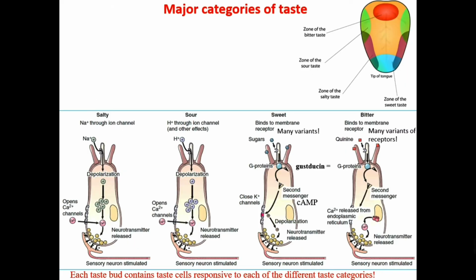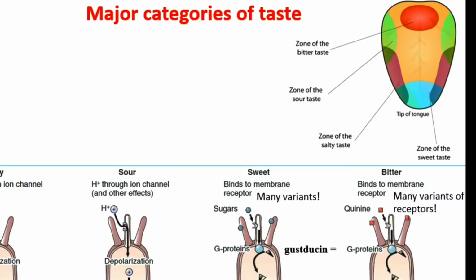So what is the mechanism? First of all, before the mechanism, there are major categories of taste in the old physiology and also in the modern physiology. The old physiology says that here is for bitter taste, here is for sour, here is for salt, and here for sweet. It means that each part is responsible for one taste.